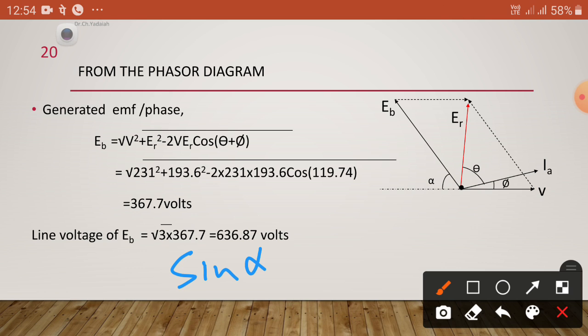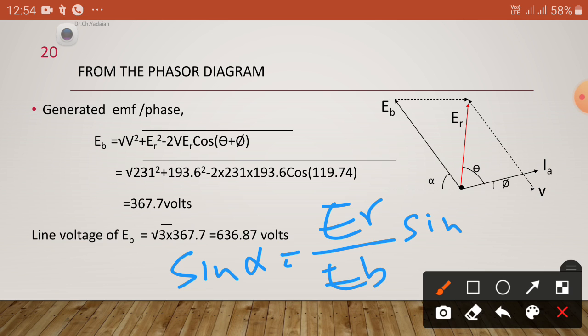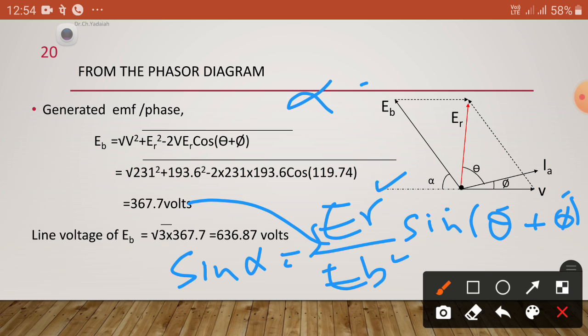In over excitation, sin alpha is equal to ER by EB into sin theta plus phi. Now we know this value, we know this one. ER also we know, EB also we know. We calculate by substituting the EB. Then we are going to get the sin alpha.